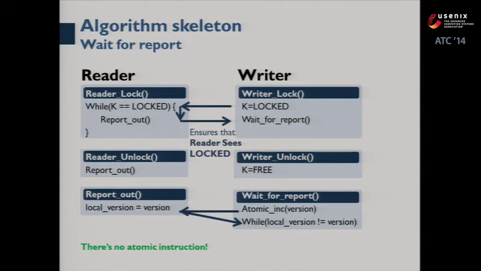You can see that if the writer wants to take a lock, and there are no readers trying to acquire the lock, the writer cannot get any report from the readers. So the writer cannot decide whether a reader is inside or outside the critical section, and it will be deadlocked here forever.